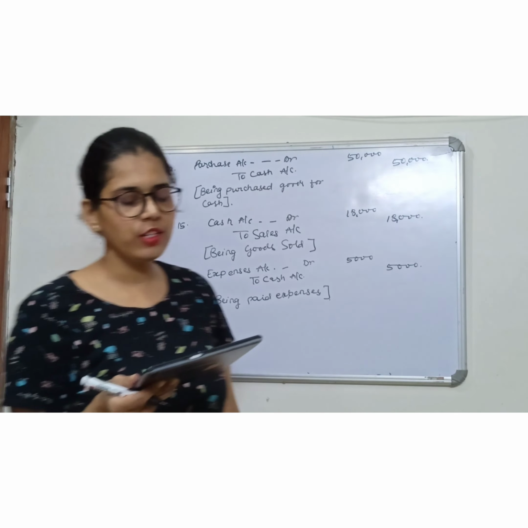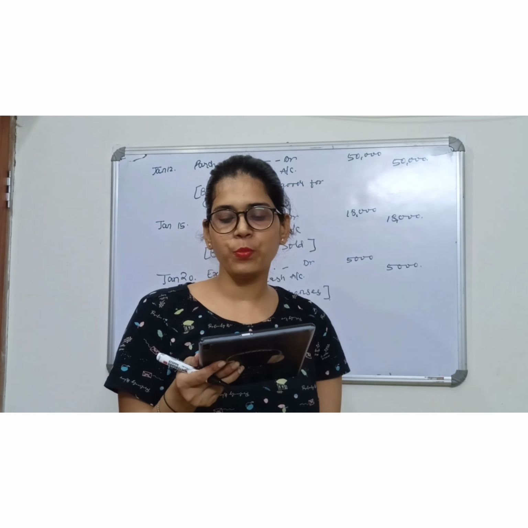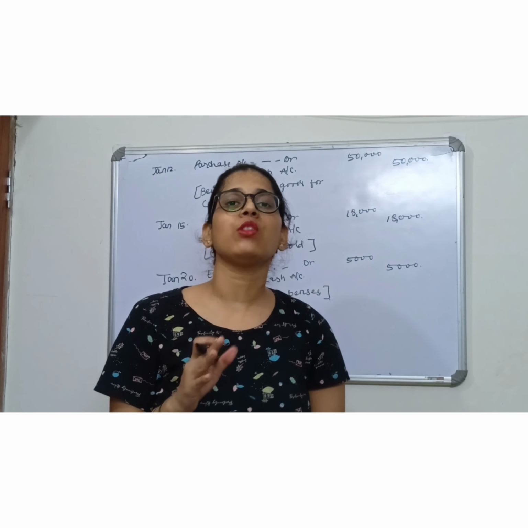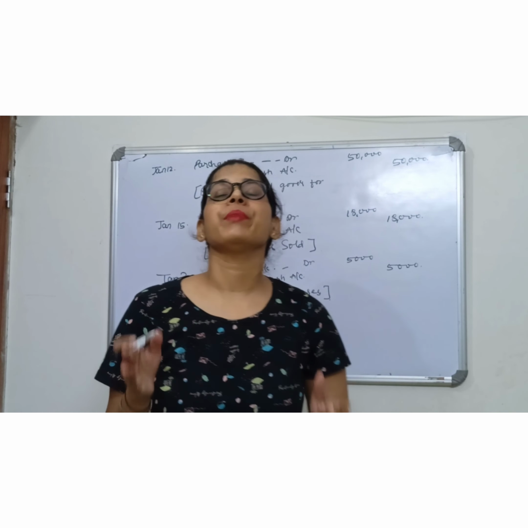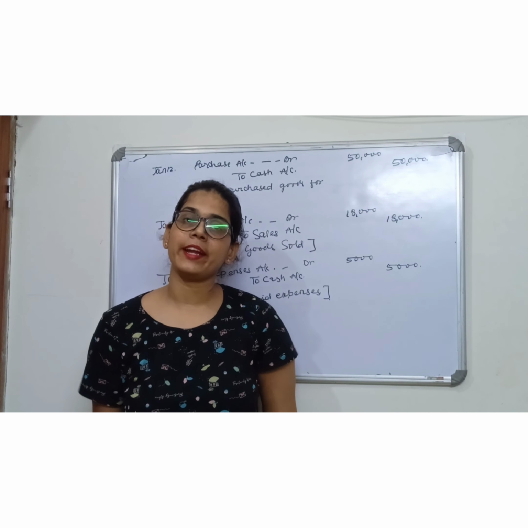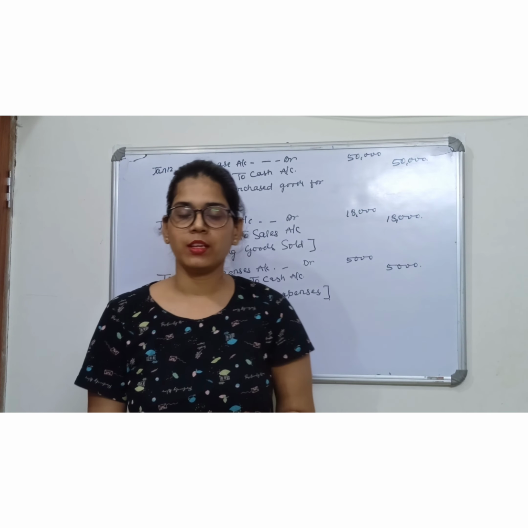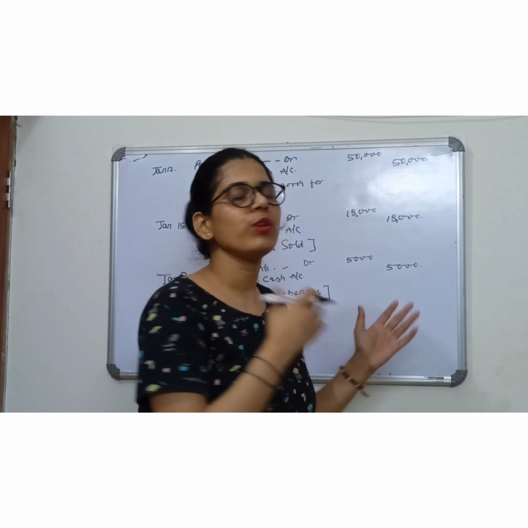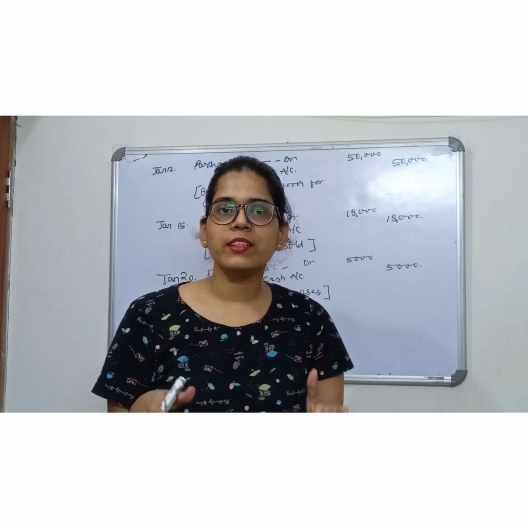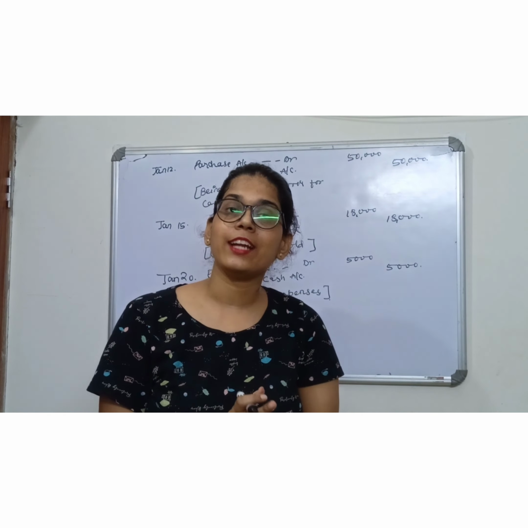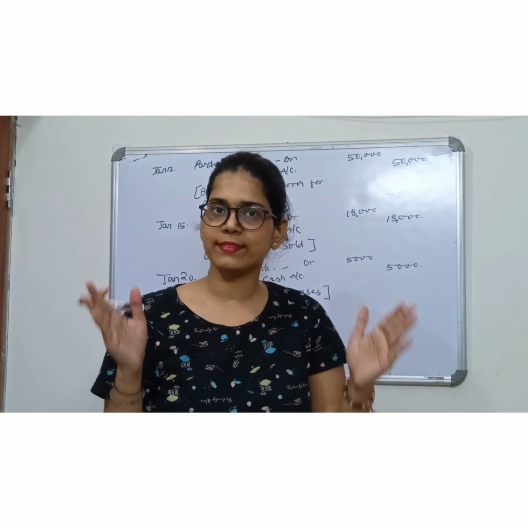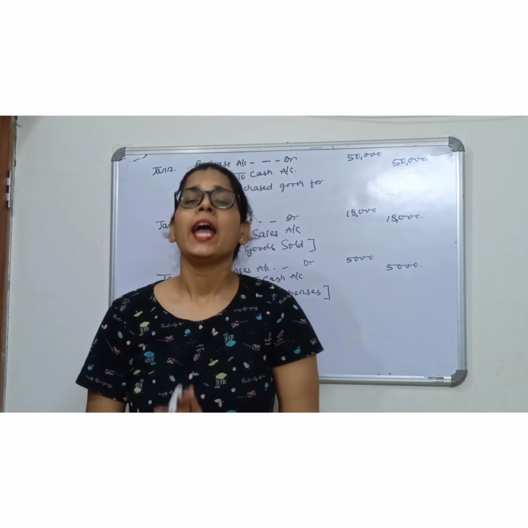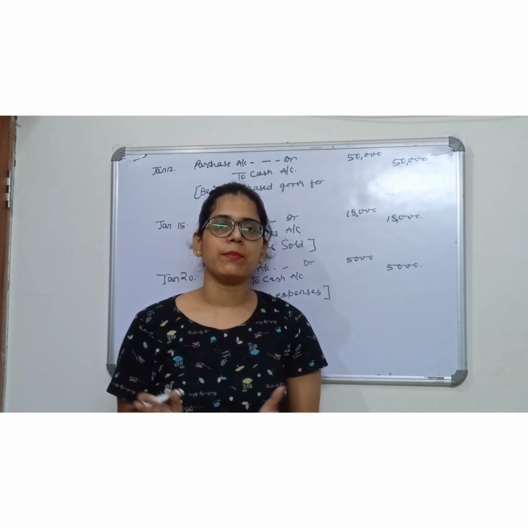Goods were sold to Radhesham for rupees 1 lakh on credit. Now there is a transaction of sales, but we have made the transaction for credit. That means we have not made the payment. Now when we were doing the earlier transaction, I said that when the transaction is settled, that means when cash is either paid or received, the transactions get settled at that point of time, and we do not need to mention the names.